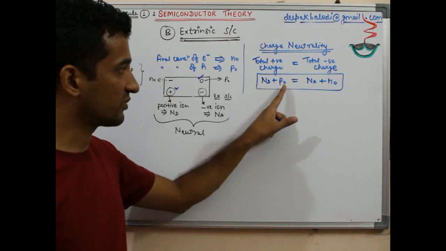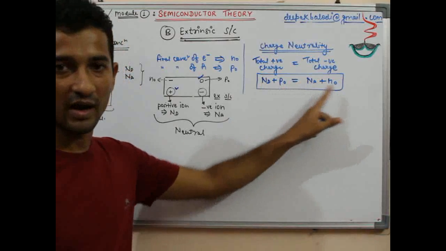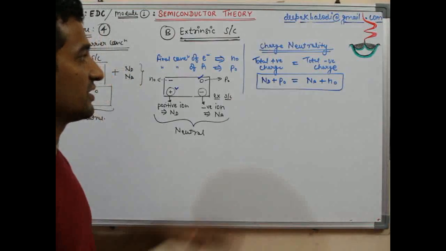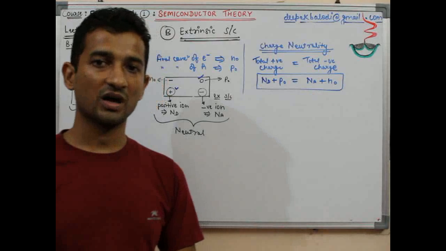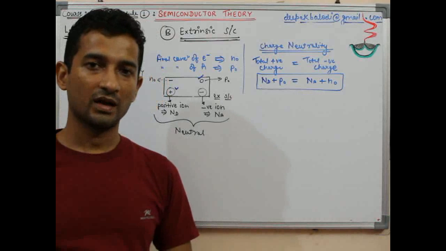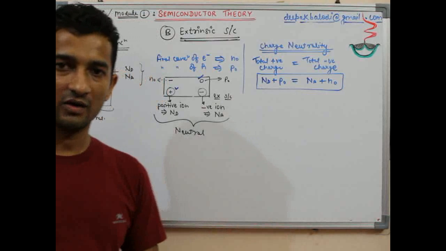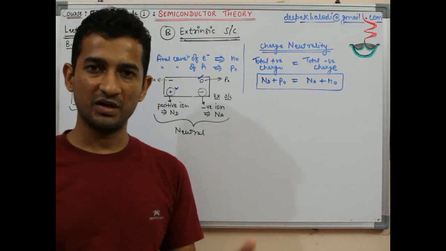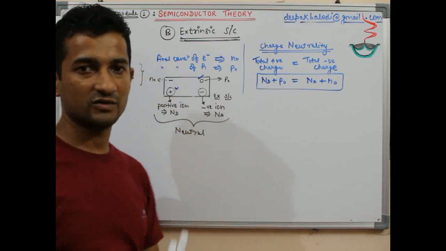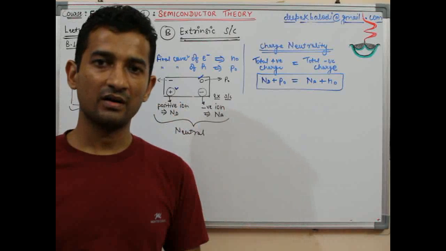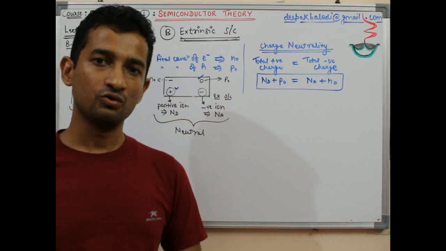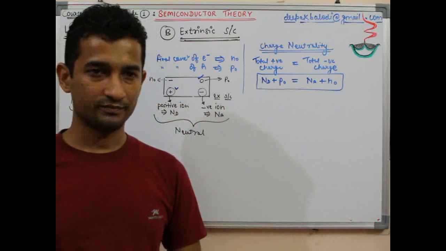So positive plus positive charge should be the same as the total negative charge. This condition is known as charge neutrality. The intrinsic semiconductor was definitely a neutral entity as a whole. Similarly, if it becomes p-type or n-type, or even a case of composite doping, the resultant has to be a neutral entity as a whole.